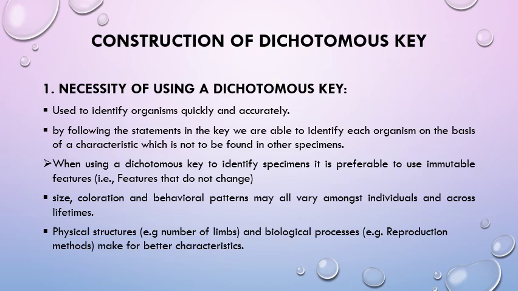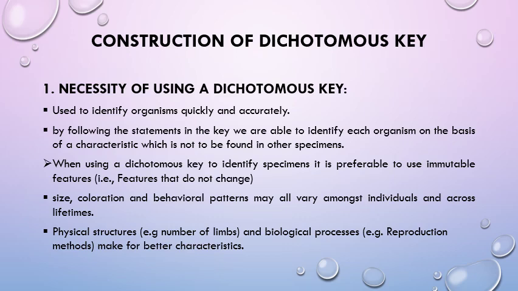When using a dichotomous key to identify specimens, it is preferable to use immutable features, that is, features that do not change. We have discussed in the previous lectures also that we should always use characters that are constant or regular, and not characters which occur seasonally.